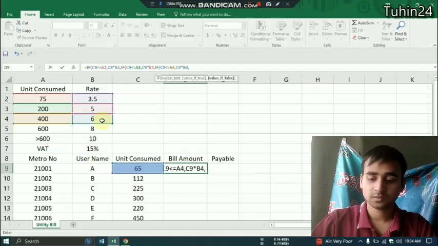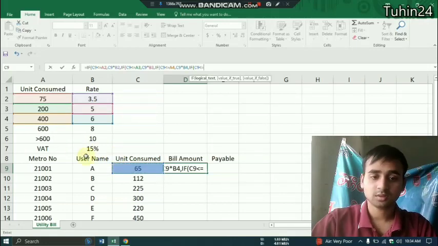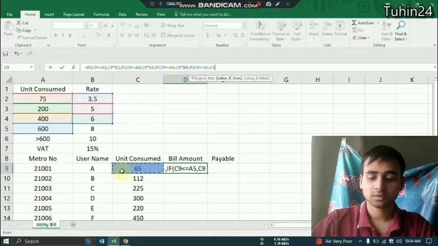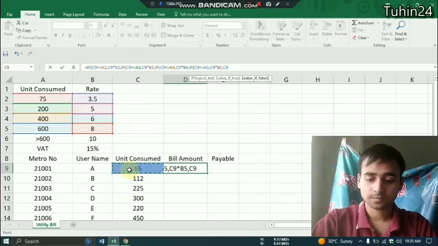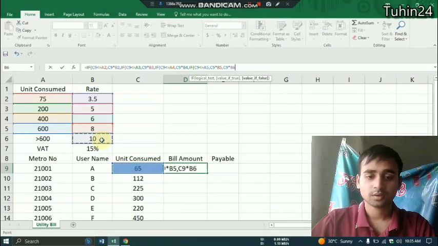But if the unit consumed is less than or equal to 600, then it will be multiplied by 8, and if not all these values, then we have to find the value of 10, and that's all about it.